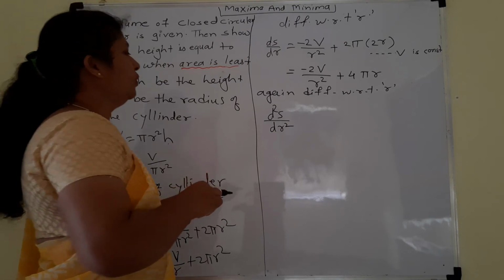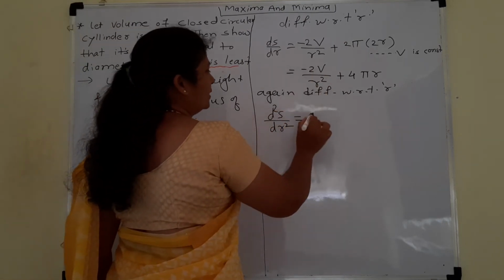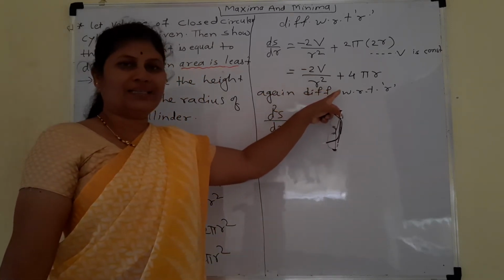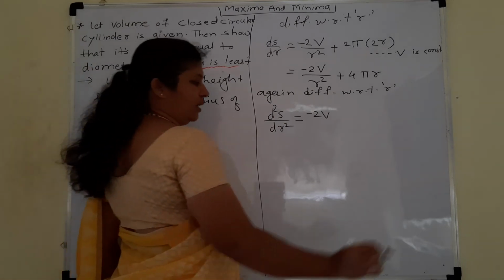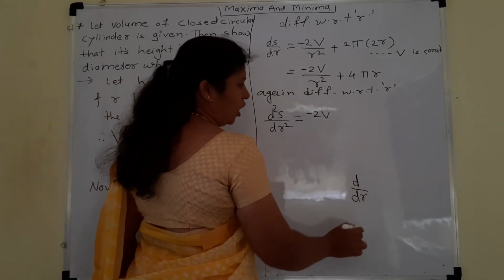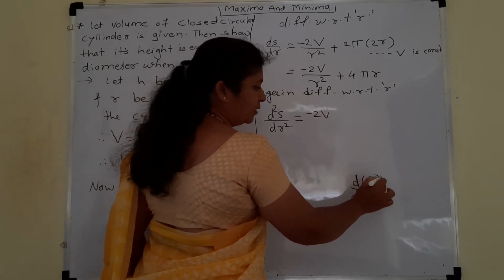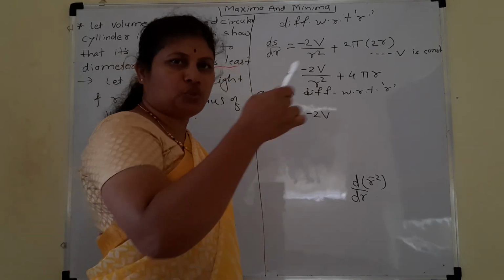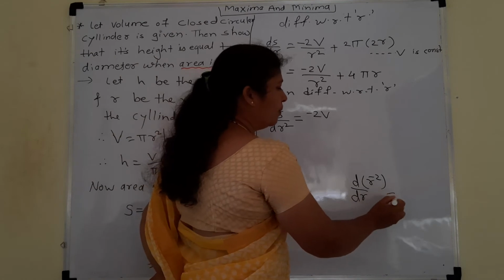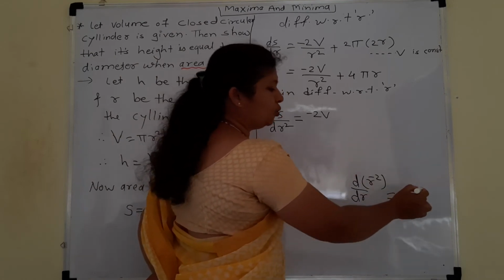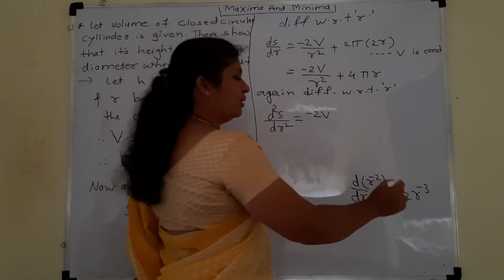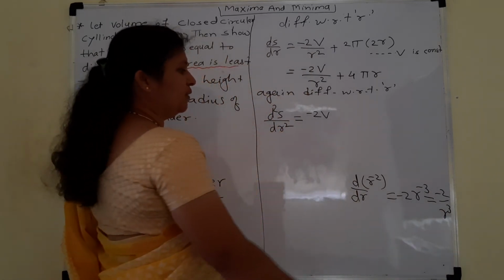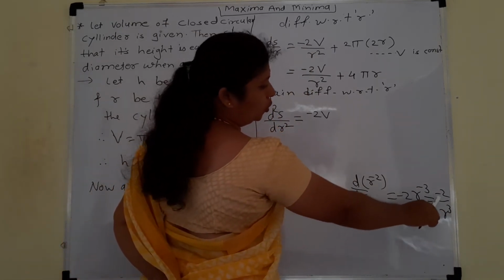Okay, so the second order derivative is equal to, already here it is minus 2 times v into the derivative of 1 upon r square. We have to find d by dr of 1 upon r square, which means r raised to minus 2. Using the formula, derivative of x raised to n with respect to x is n into x raised to n minus 1. So this will become minus 2 into r raised to minus 2 minus 1, that is minus 3. And r raised to minus 3 means 1 upon r cube. So this is minus 2 upon r cube. So put this value minus 2 upon r cube.